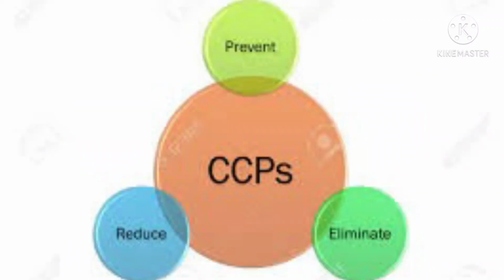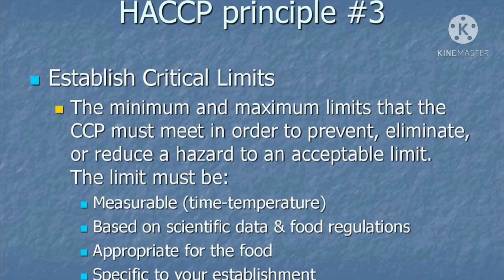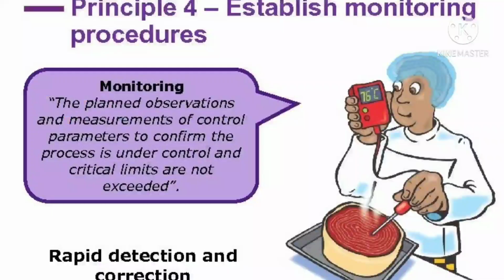Actions are taken at the critical control point to prevent, eliminate or reduce the hazard. Principle 3 of HACCP is to establish critical limits, which are the minimum and maximum limits that the CCP must meet in order to prevent, eliminate or reduce a hazard to an acceptable limit.